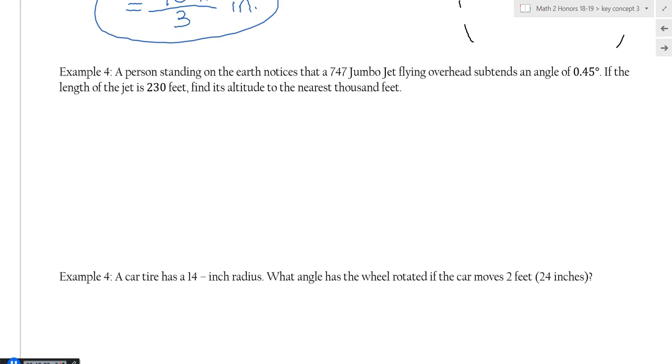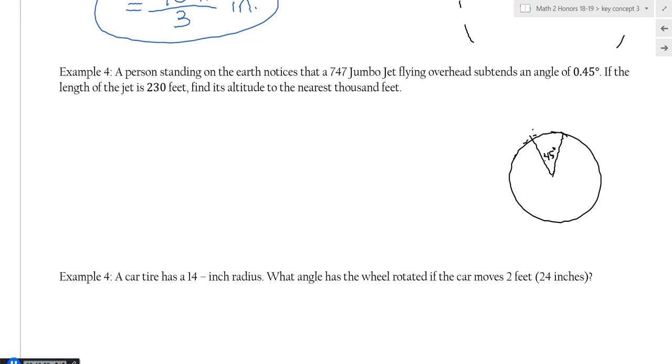So, if you think about the earth, right, it looks like that. This would be like the path of the jet. You're standing somewhere, you look up, and we're going to say this is 0.45 degrees.